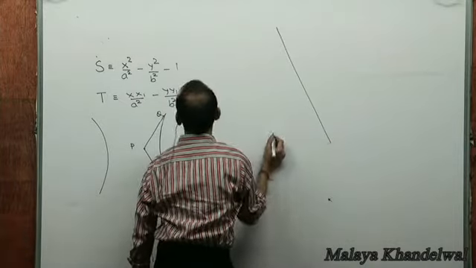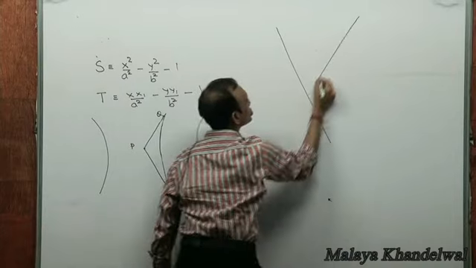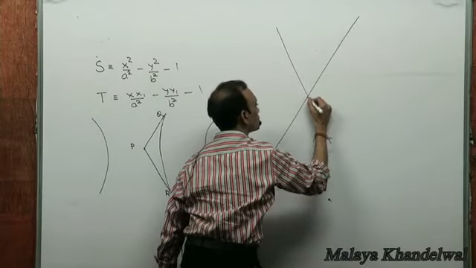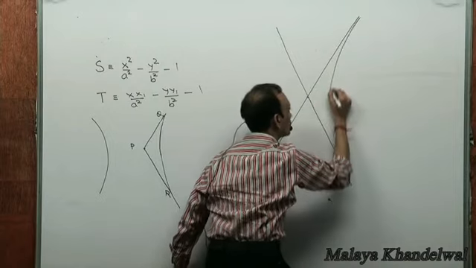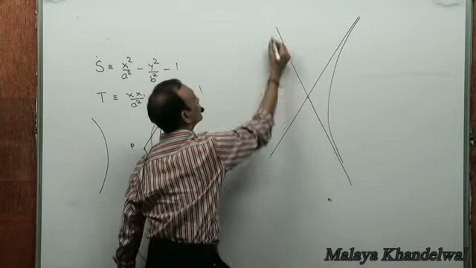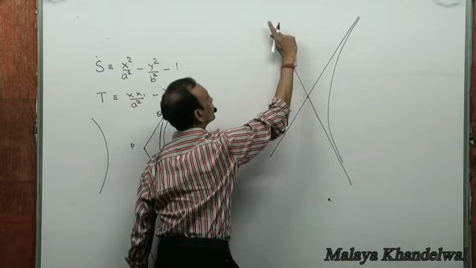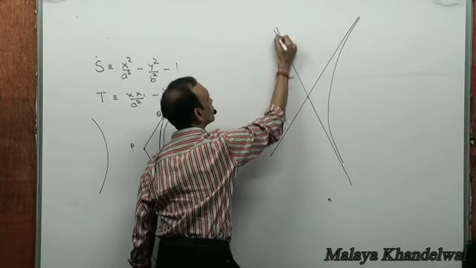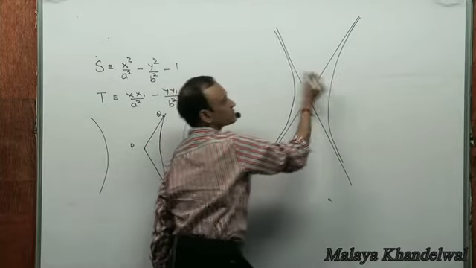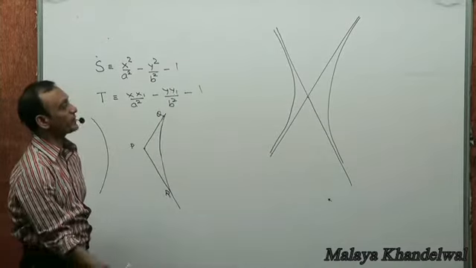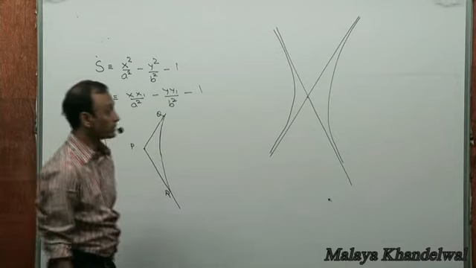These are the two asymptotes to the hyperbola x squared by a squared minus y squared by b squared equal to 1.